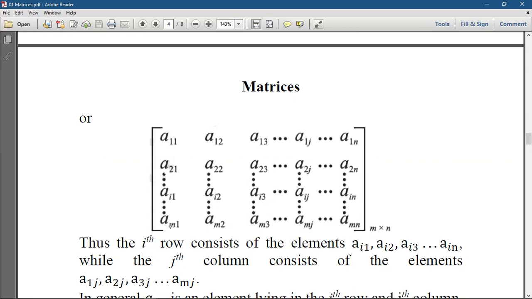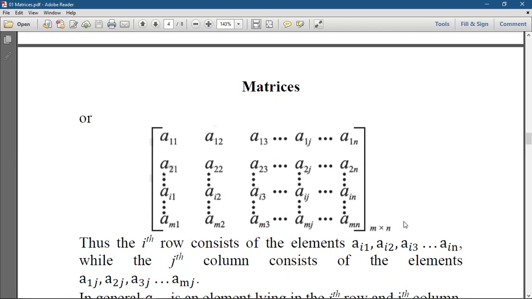Similarly, am1 is mth row first column, am2 mth row second column, am3 mth row third column, dot dot dot, amj mth row jth column, dot dot dot, amn mth row nth column, and the total number is m into n.